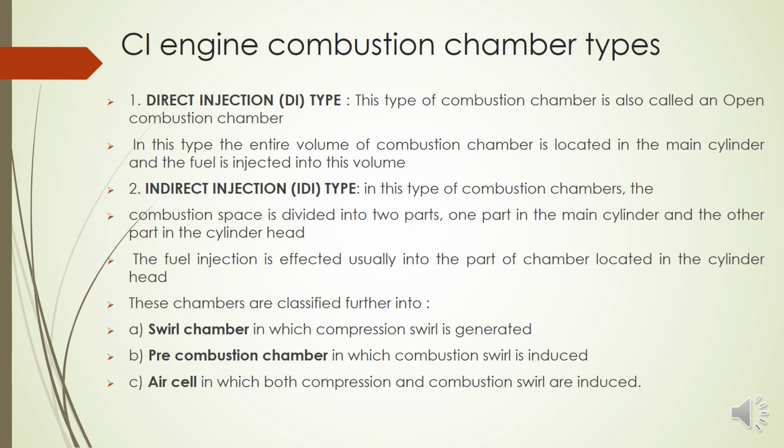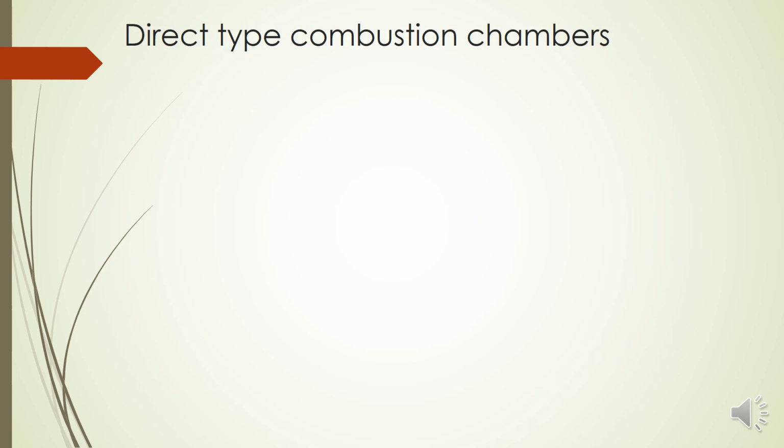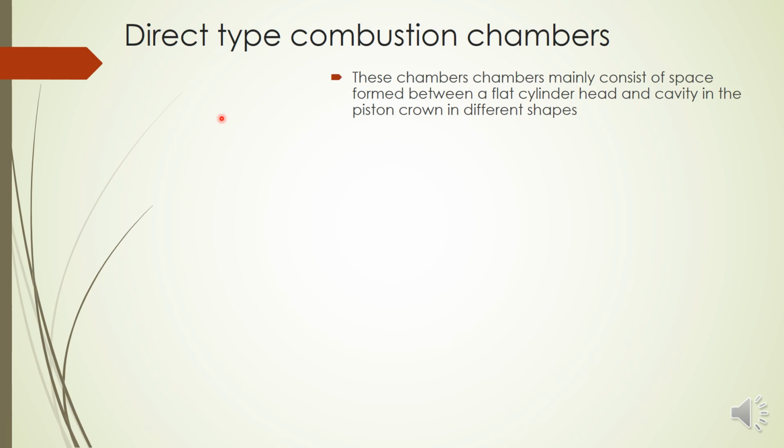So now we will see what is a direct injection. Now we will see more about the direct type combustion chamber, that is the open type combustion chamber. These chambers mainly consist of the space formed between a flat cylinder head and a cavity in the piston crown in different shapes. That is a major difference here.